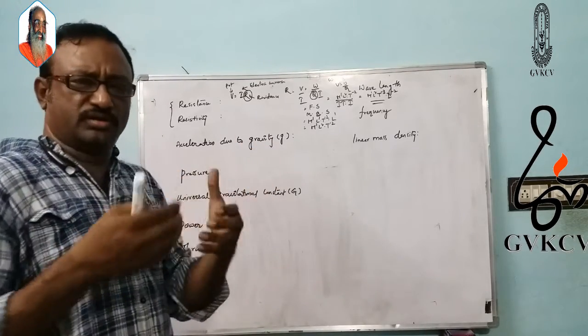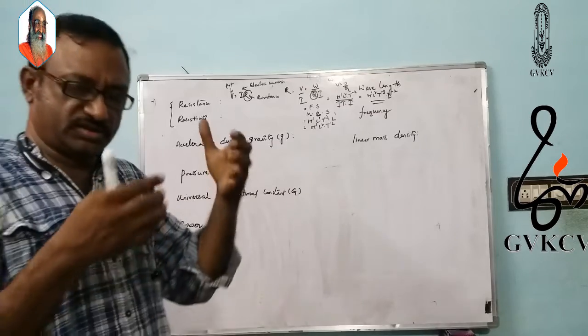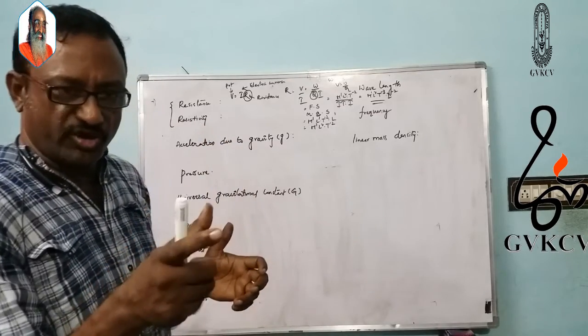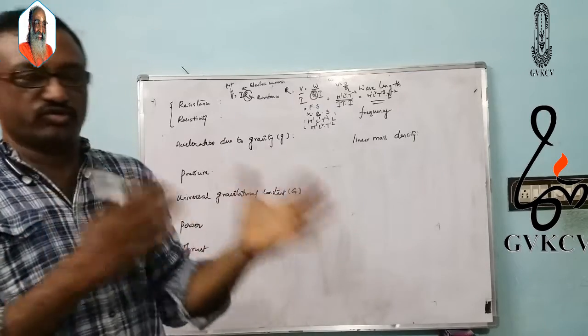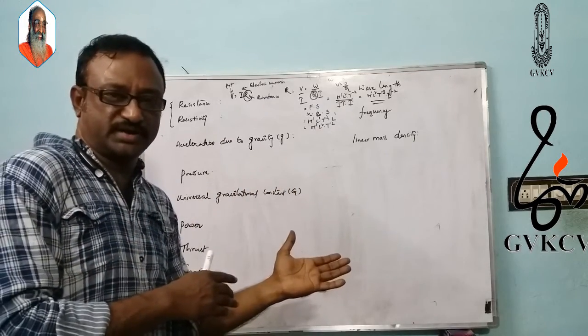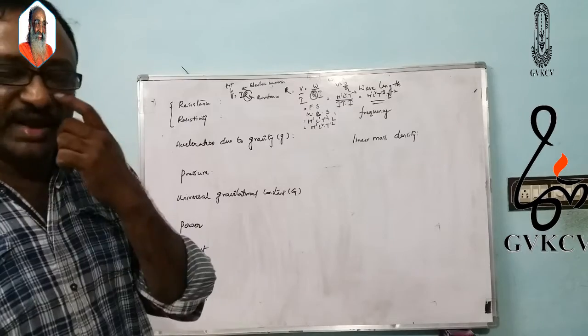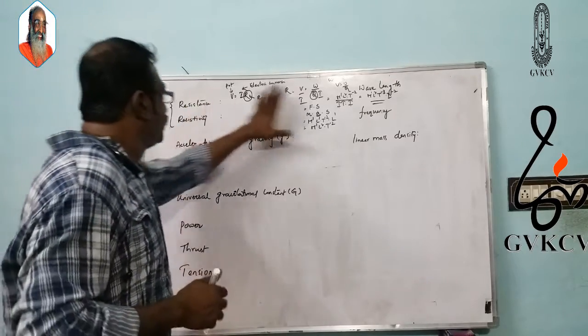Whatever quantities you find there, take that, and besides that write the formula and write the dimensions. By this you will be helped in two ways: one is remembering by practicing the formula, as well as writing the dimensions of it. Okay, so this is the way.